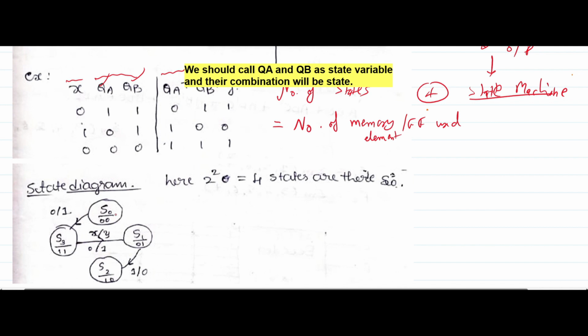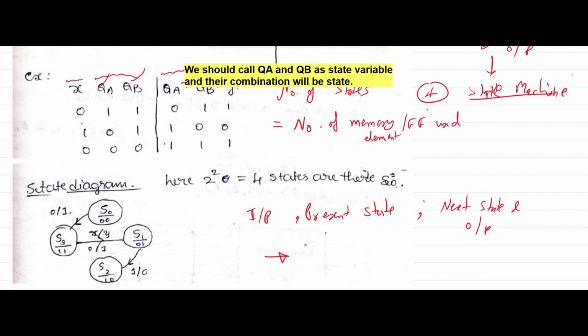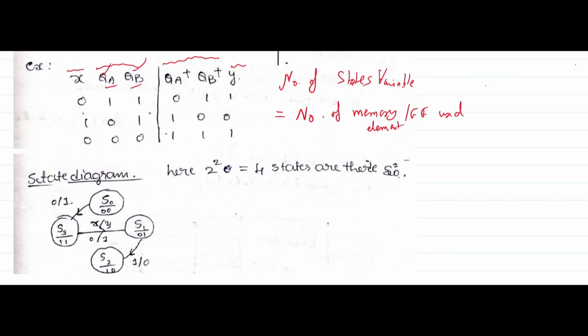The state diagram is nothing but the pictorial representation of the relationship between inputs, present state, next state, and outputs. Fine. Now we will draw the state diagram for this given state table.